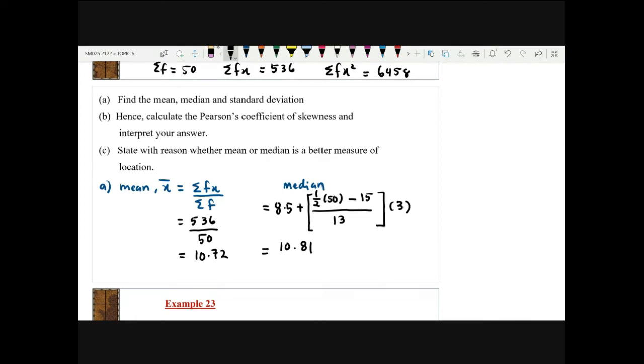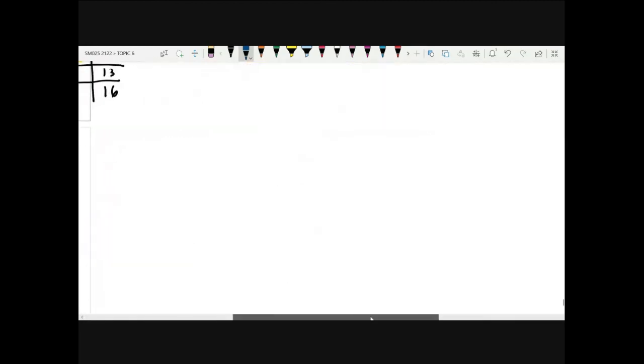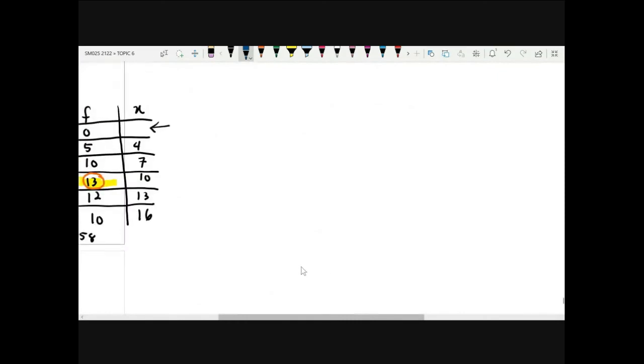So, that's for median. Next one, we have to find the skewness. Standard deviation dulu. Sekejap saya tarik ke tepi lah. Tak muat dah. Okay. So, standard deviation, remember the formula, it is surd of variance. So, surd of summation fx squared.